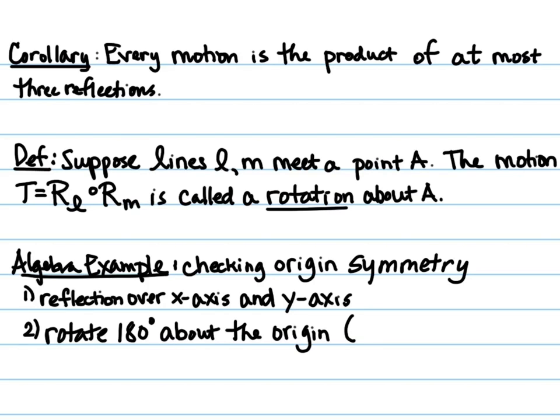The other book that I'm using also references this as a half turn. That's an example where you've seen it used, that a rotation can be thought of as a double reflection. A couple of notes.